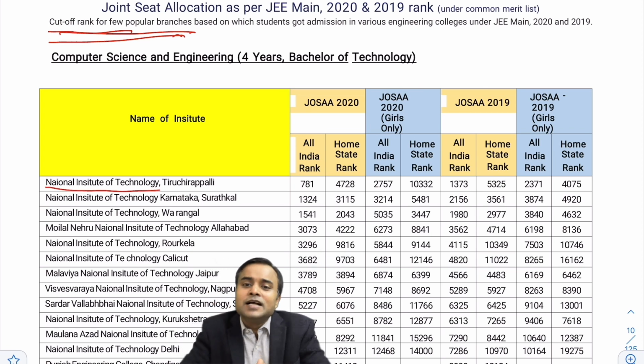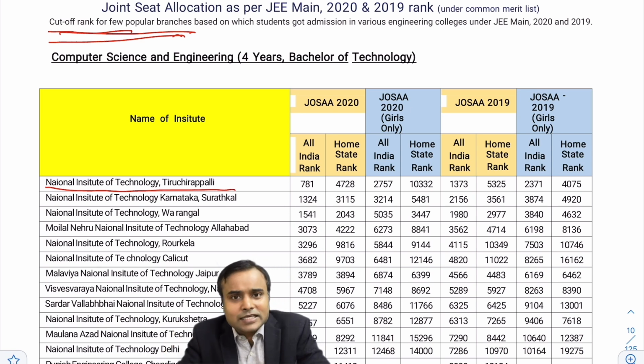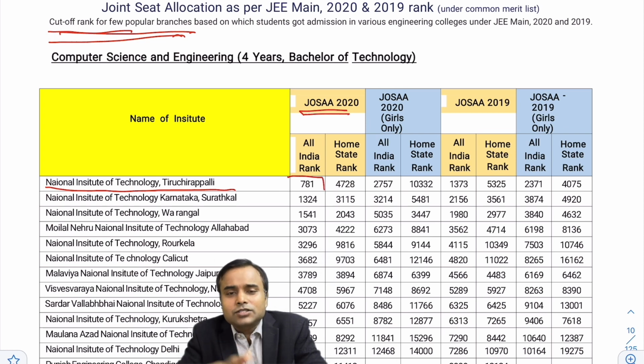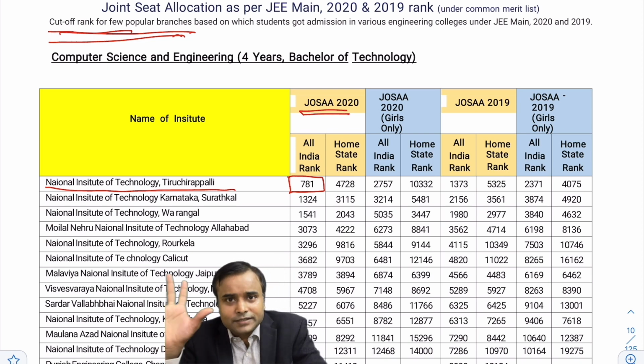Apart from this, there is also a girls only rank, which means some seats were added to give the benefit to girls. There is another category called girls only, in which they get an all India rank and a home state rank also.